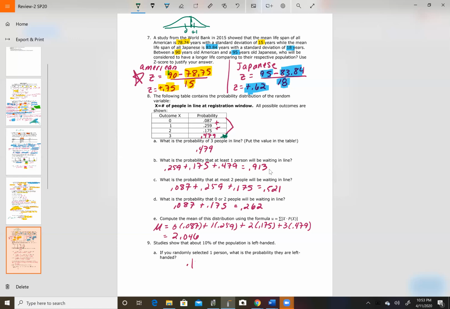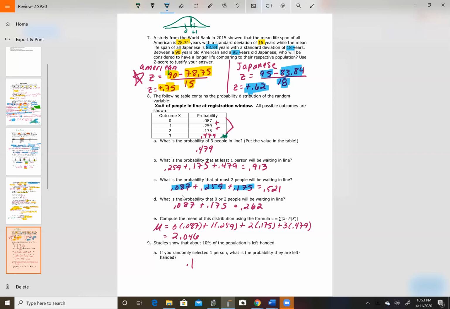Question B, what is the probability that at least one person will be waiting? So I add up the probability that one person is waiting, plus the probability that 2 people are waiting, plus the probability that 3 people are waiting. And you get approximately 52.1%. So it's more likely than not that there is going to be somebody waiting.